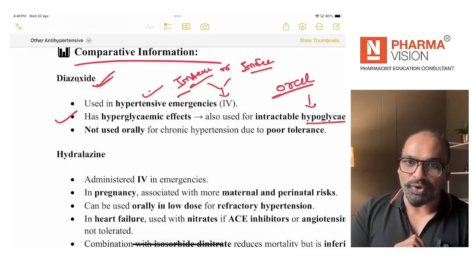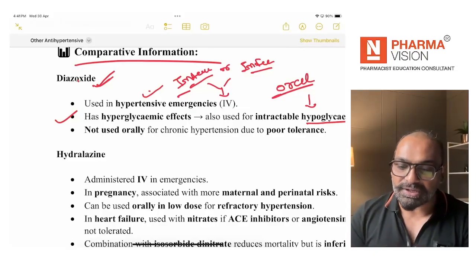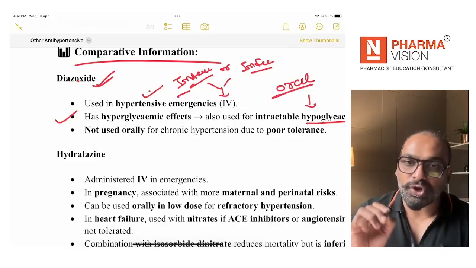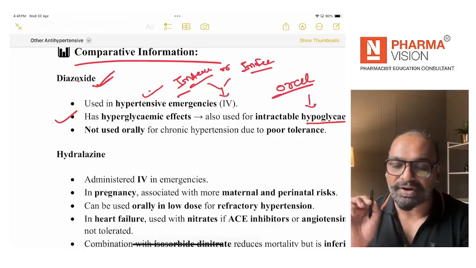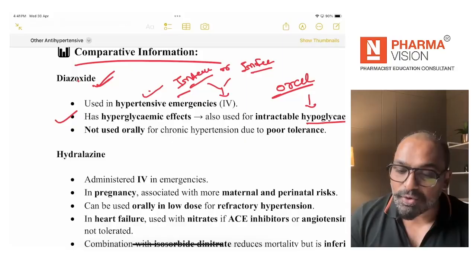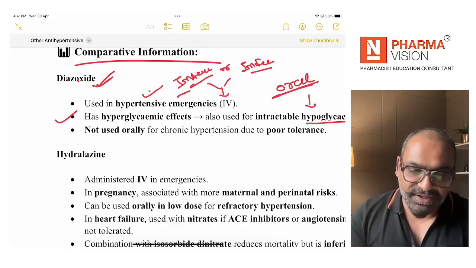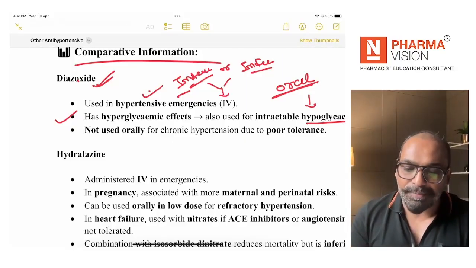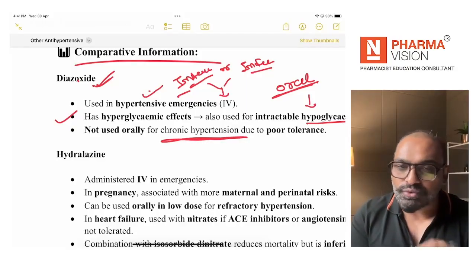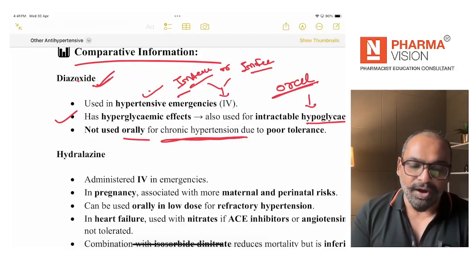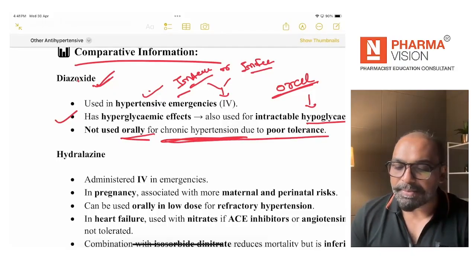This is a very important question you can expect in your examination. Which dosage form of diazoxide is used for treating intractable hypoglycemia? That is the oral. But in hypertensive emergency or chronic hypertension, we cannot use the oral dosage form. We do not use oral for chronic hypertension due to poor tolerance.